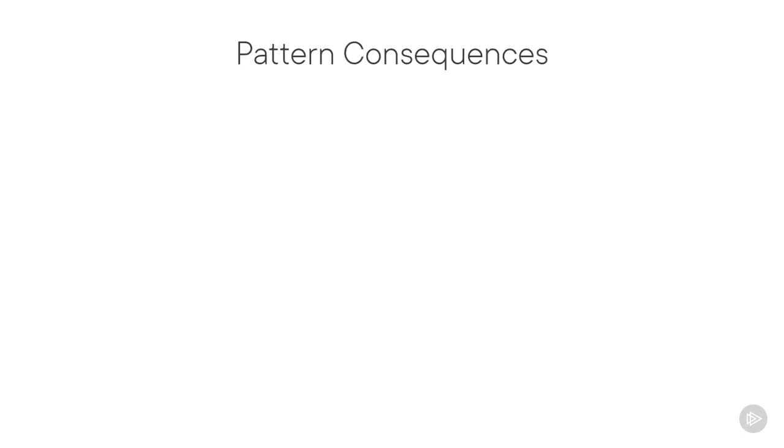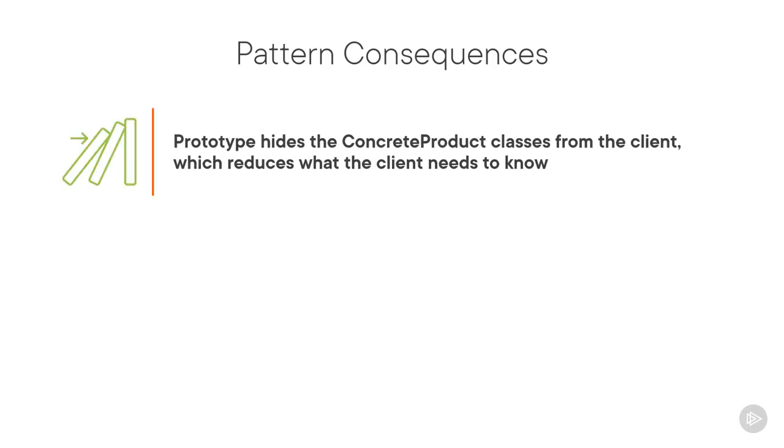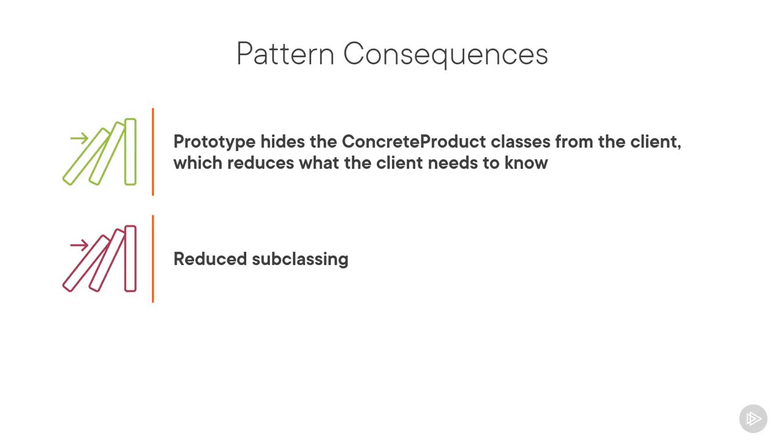Much of the consequences are related to the abstract factory and builder consequences. Prototype hides the concrete product classes from the client, which reduces what the client needs to know. It doesn't need to know about the concrete classes of the objects of which you want a copy. A positive prototype-specific consequence is reduced subclassing.